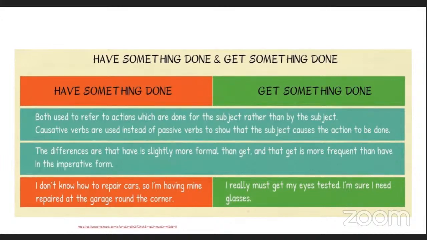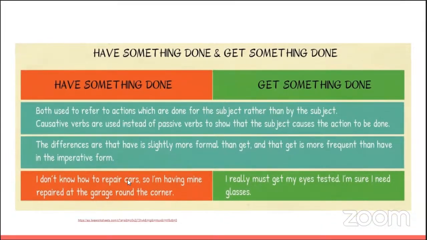Sorry, in the example that I gave you here, in that page, in the red chart, it says, "I'm having mine repaired at the garage." Oh, okay. But I think this one wouldn't include the continuous, right? I'm having mine repaired.